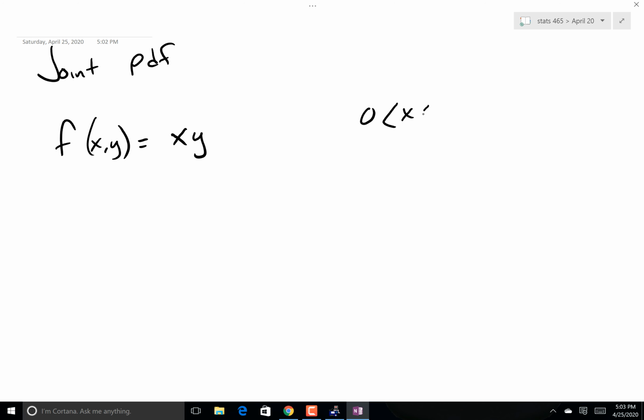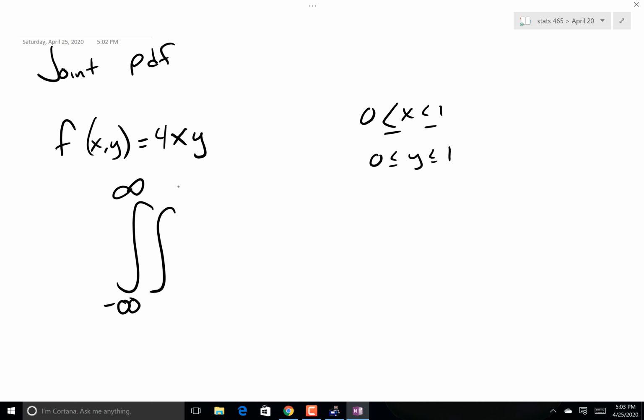from 0 less than x less than 1, and 0 less than y less than 1. Let's see if this is true. In other words, this had better integrate, technically across the whole board, to 100%.